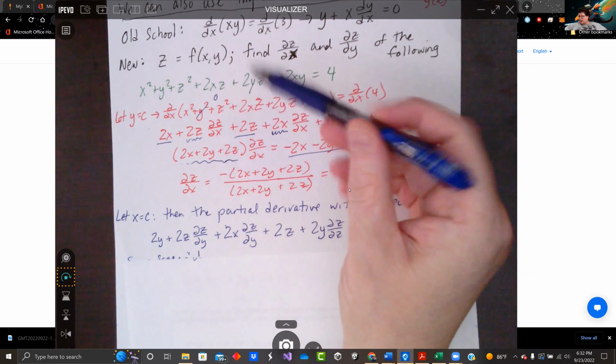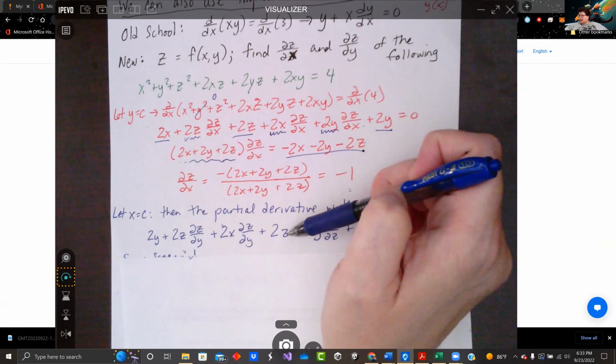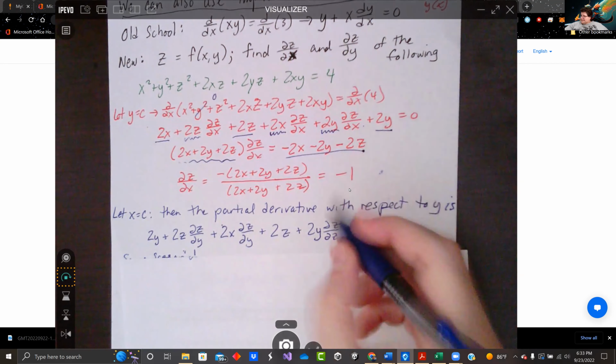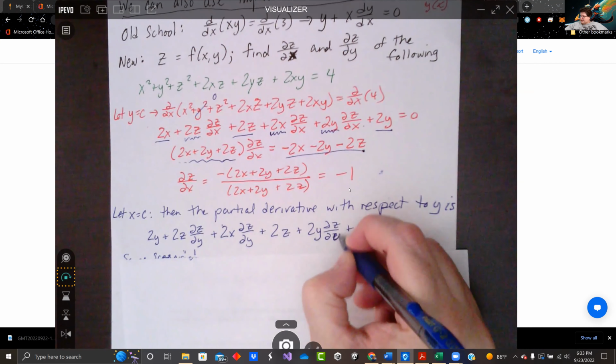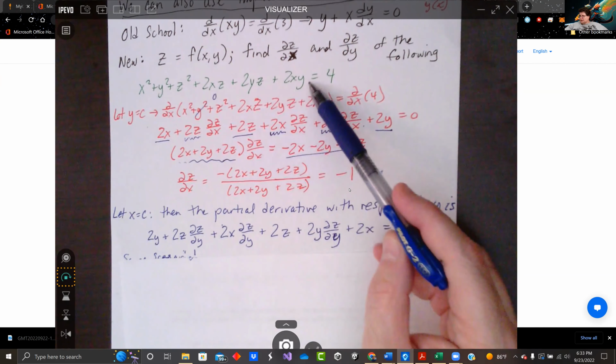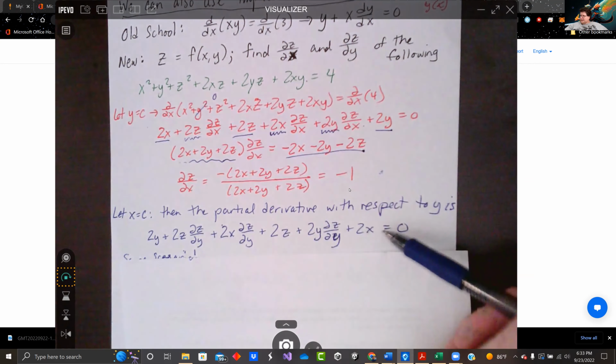On the 2yz, these are both functions of y. So we have to do a product rule. We've got 2z when we do the derivative with respect to y. When we do the derivative of z, we've got 2y dz dy. And then the last one, only the y is a variable with respect to y. So that ends up being 2x.